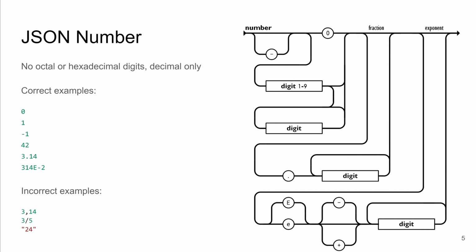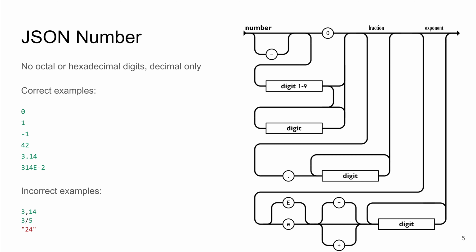Now, JSON documents contain not only strings, but also numbers. And there is also a railroad diagram for how a proper number looks in JSON. And again, we'll see that 0 is a valid number, and that may be it according to the diagram.